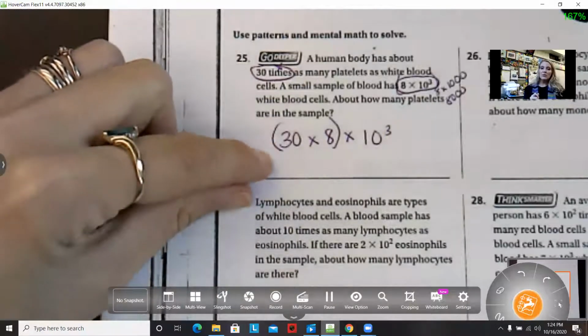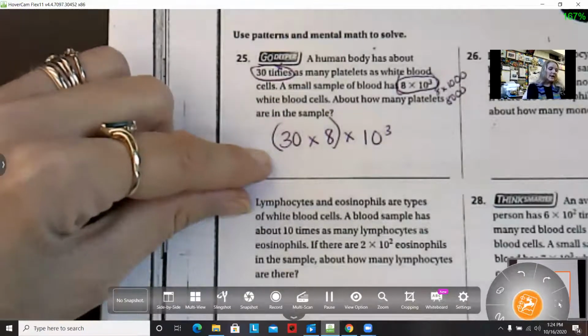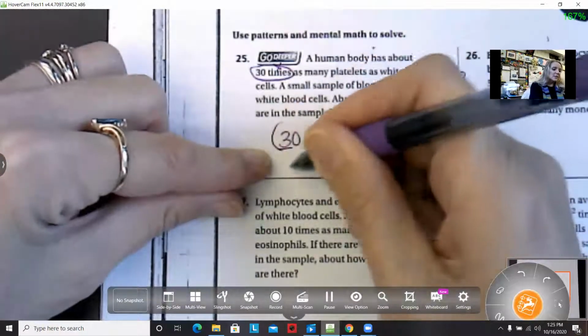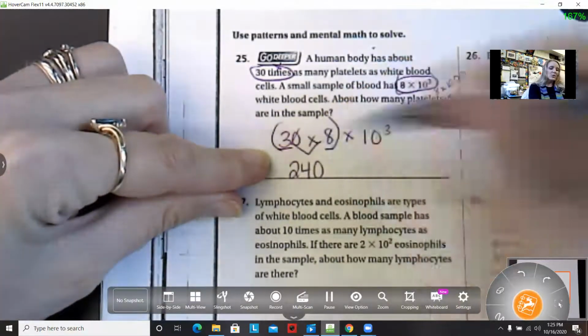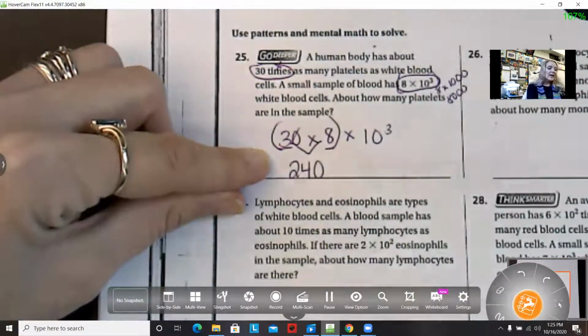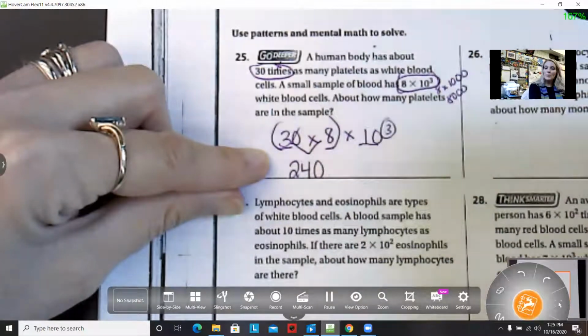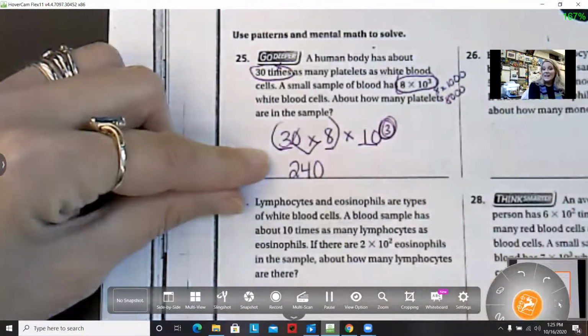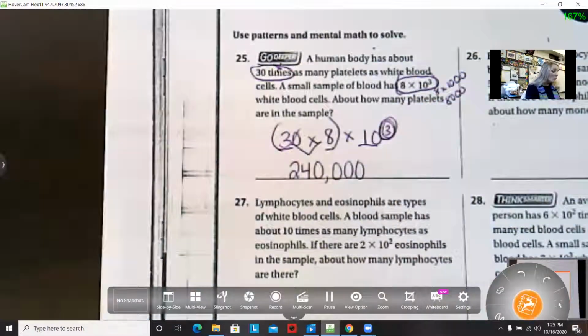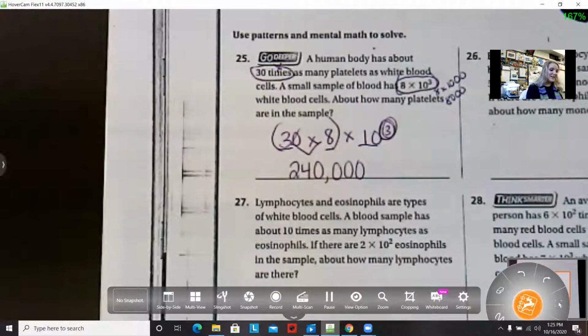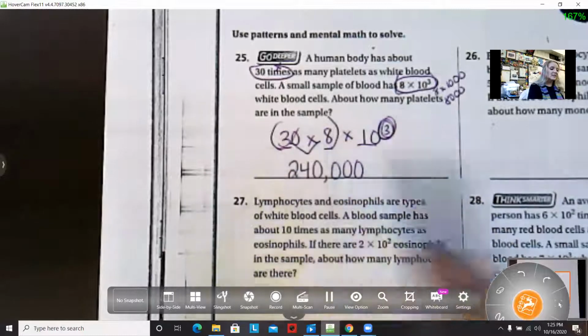So let's take 30 times 8 first, okay? And I know that 3 times 8 is 24, and we just add that 0. Okay, so these two numbers together equal 240, and if we know what 10 to the third power is, I just have to add that many zeros to the end. So it's 240,000 is our answer. About how many platelets are in the sample?